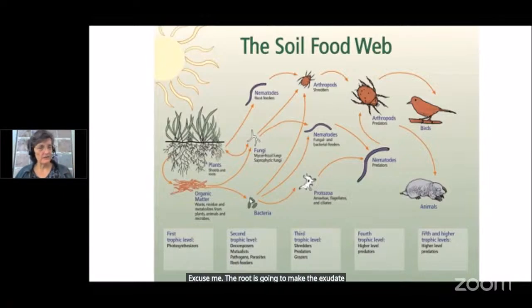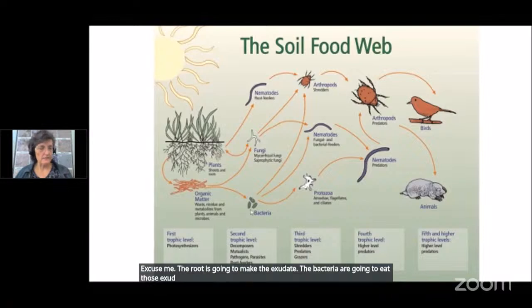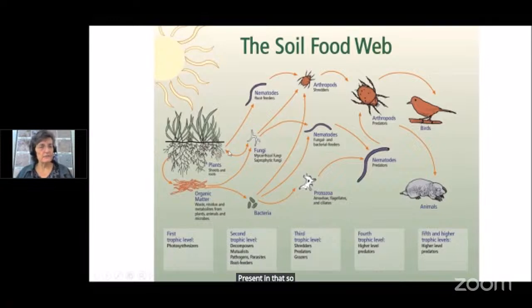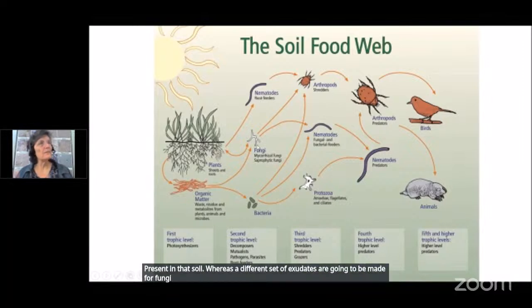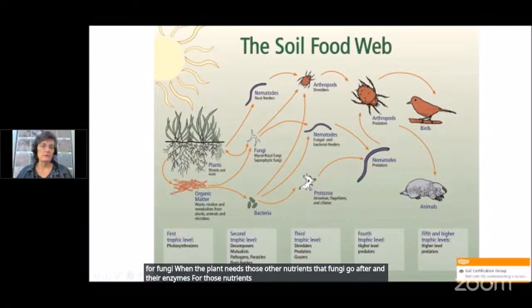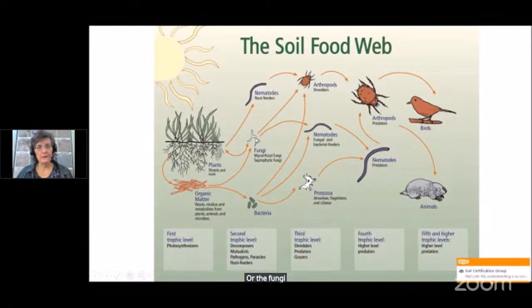The bacteria are going to eat those exudates, and that promotes the growth of those bacteria that make the certain enzymes to pull the certain set of nutrients from the sand, silt, and clay present in that soil. Whereas a different set of exudates are going to be made for fungi when the plant needs those other nutrients that fungi go after, and their enzymes pull those nutrients into the bacteria or the fungi, and those nutrients are now in the bacteria and fungi.